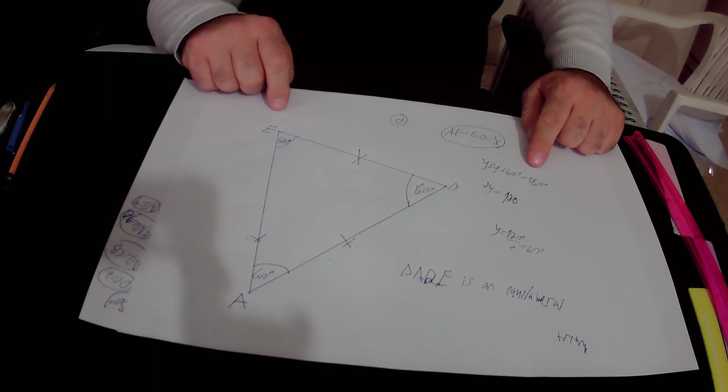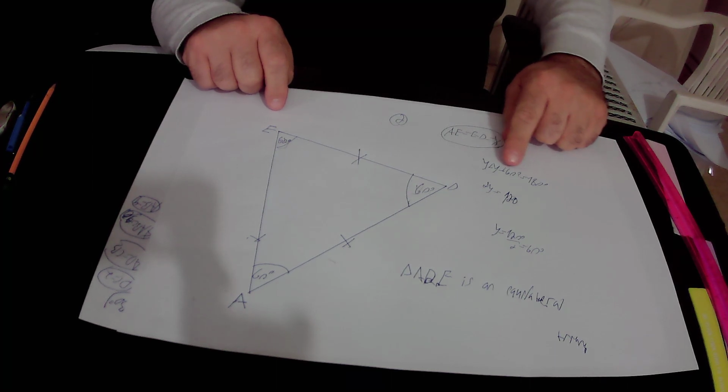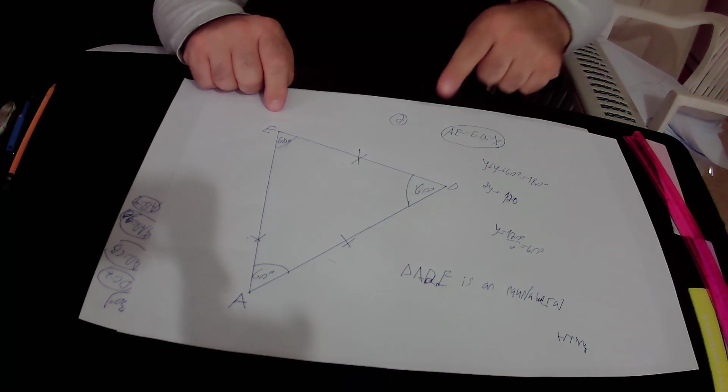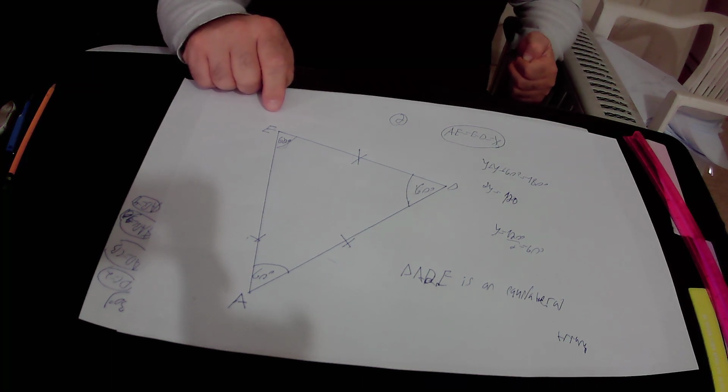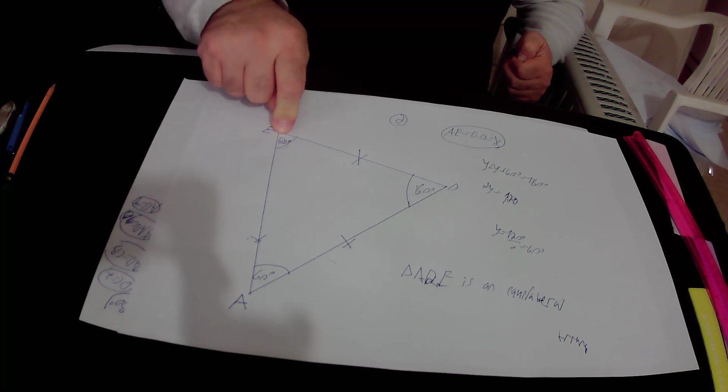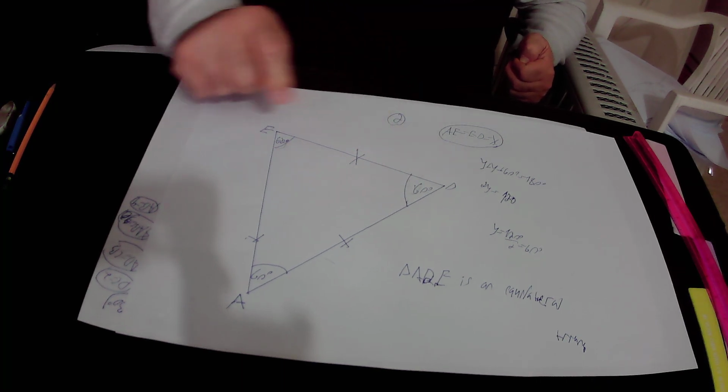We subtracted 60 degrees from this equation, and we got that y plus y equals 180 degrees minus 60 degrees is 120 degrees. So we got that 2y equals 120 degrees. We divided this equation by 2, and we got that angle y equals 120 degrees over 2 is 60 degrees. So this angle equals 60 degrees and this angle also equals 60 degrees.